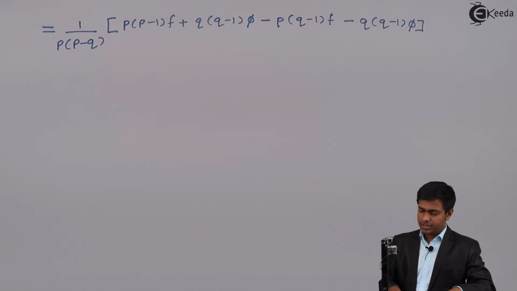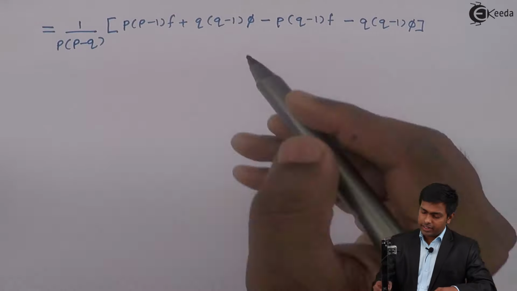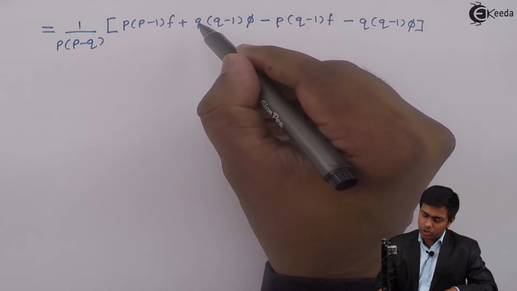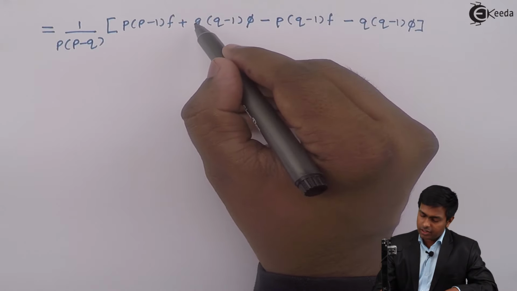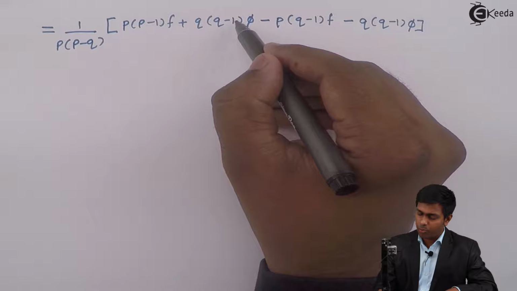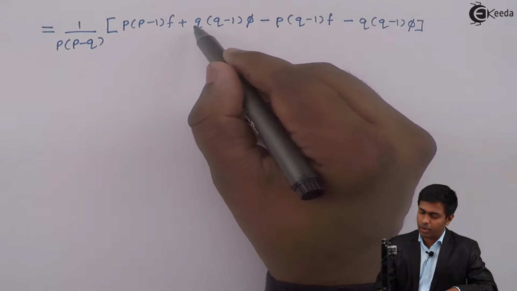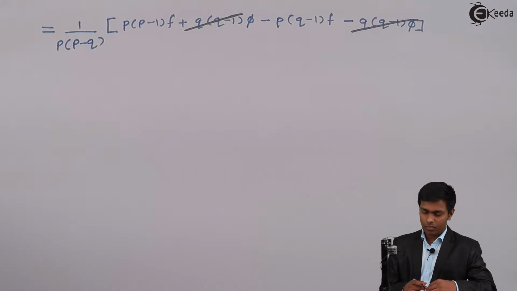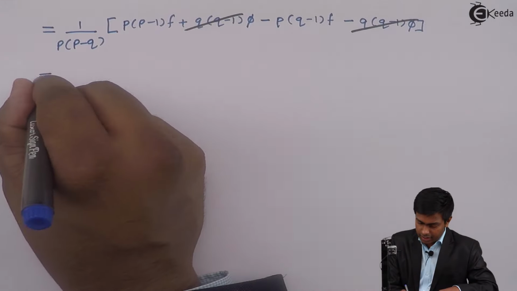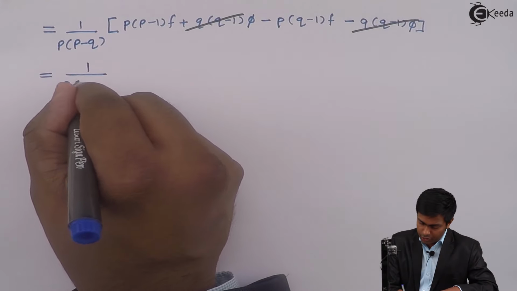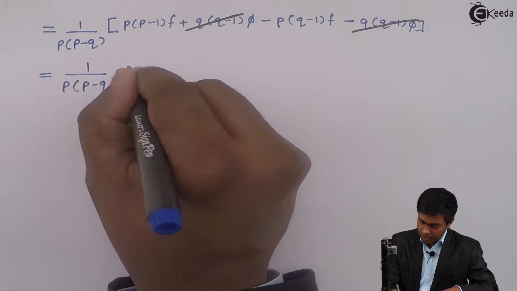So after this, if we observe, then the second and third term are same and opposite in sign, so we can cancel it, that is plus q into q minus 1 φ and minus q into q minus 1 φ. So therefore we will get right hand side as 1 upon p into p minus q.